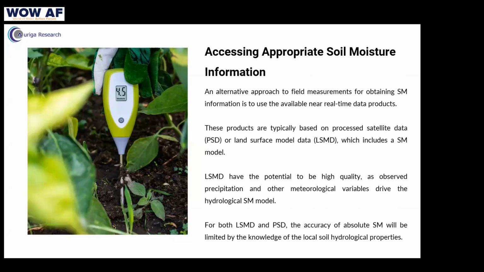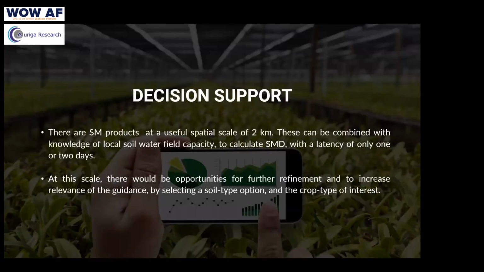This can be used as a starting point for identifying soil moisture deficit and then using water effectively, to the extent that is going to be required by the plant, and not over-irrigating the soil beyond the requirement of that particular plant. So for all of these, we require decision support in this regard.